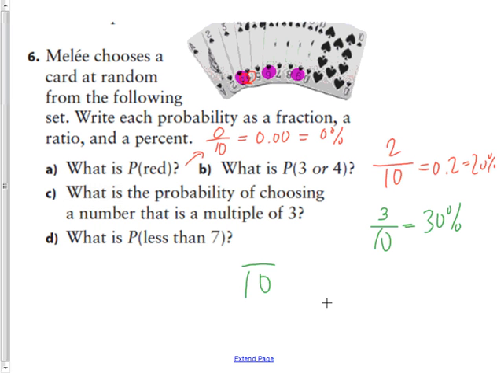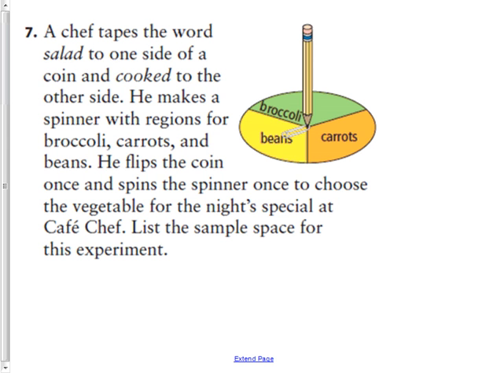There are 6 cards less than 7: 1, 2, 3, 4, 5, 6. There are 4 cards that are not less than 7, and there are 6 cards that are less than 7. So there's a 60% probability that you will draw a card less than 7. Okay? Any questions on number 6? Pretty easy so far. Question 7 says, a chef.